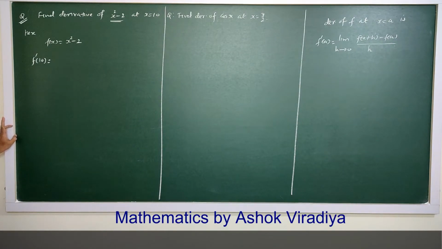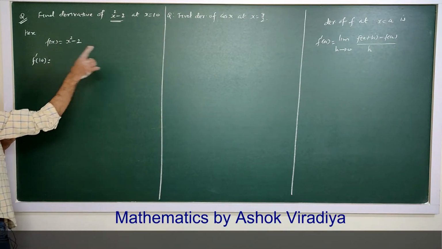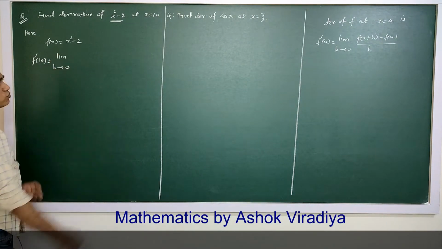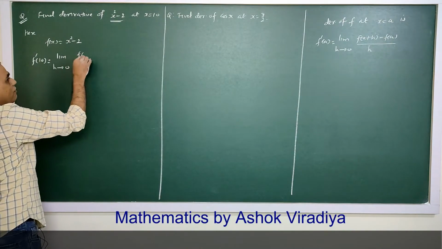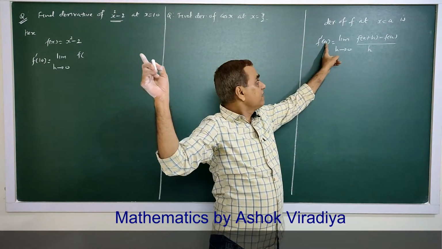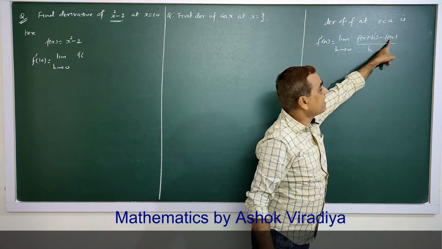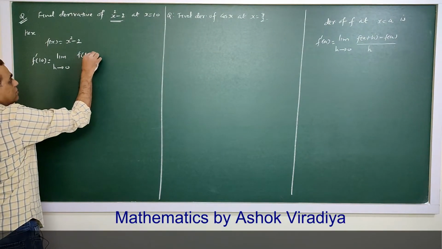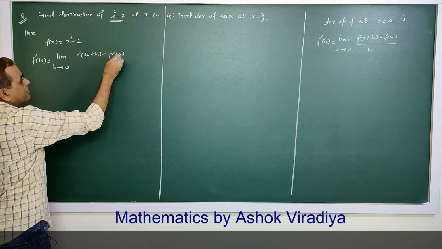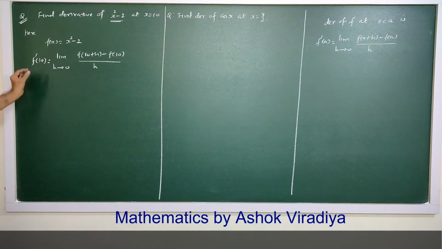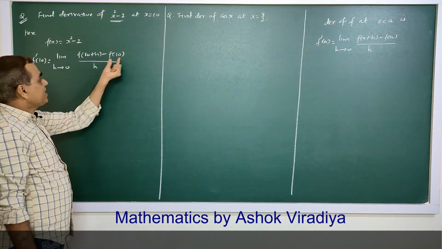Derivative of f at x equal to 10 is, by this formula, limit h tends to 0, f of 10 plus h minus f of 10 upon h. F dash of a is f of a plus h minus f of a upon h.